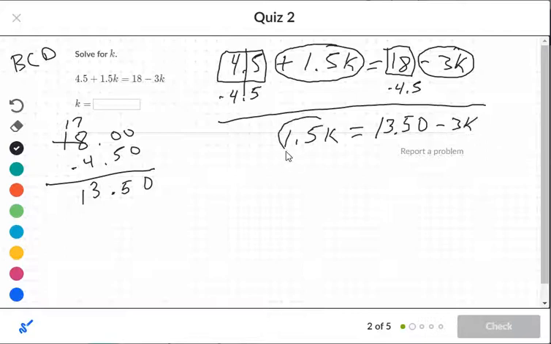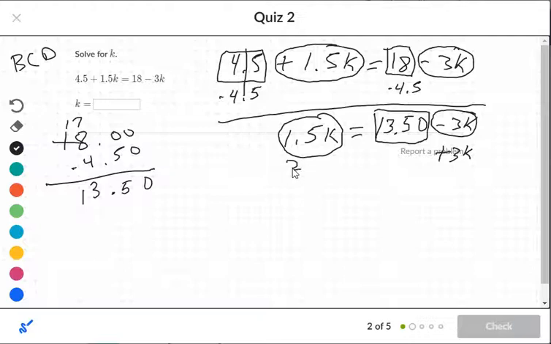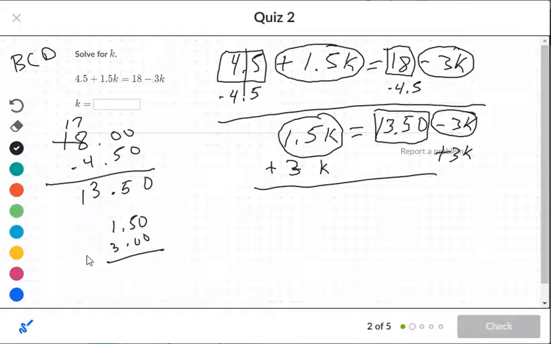Okay, now I want to circle my letters, box my numbers. I want to get this box by itself, so I need to move this circle, the plus 3k. Again, this is like $1.50 plus $3, so this is going to become 4.50.